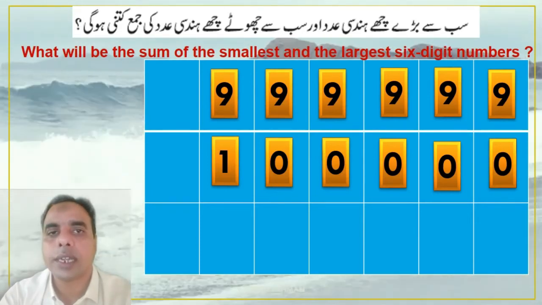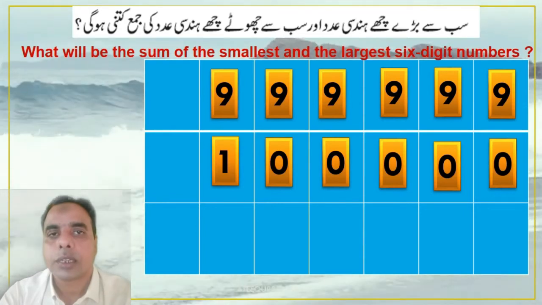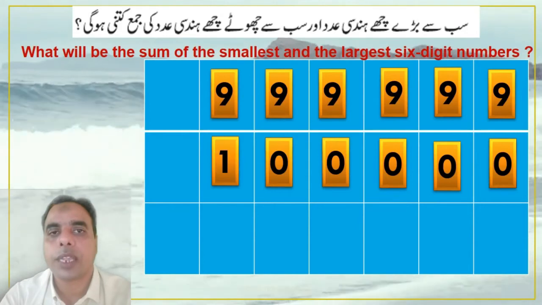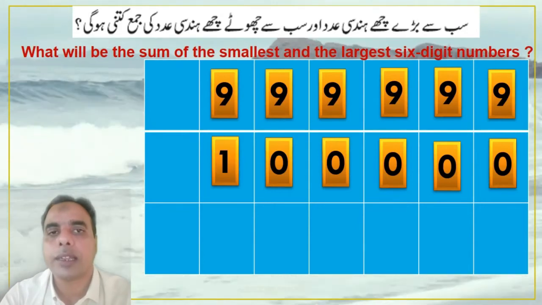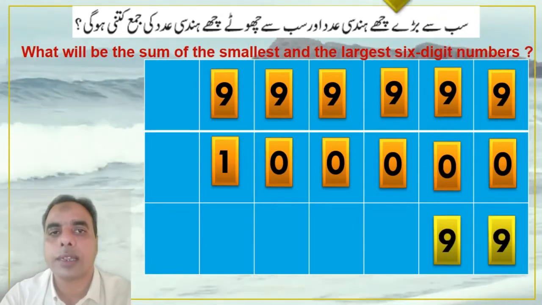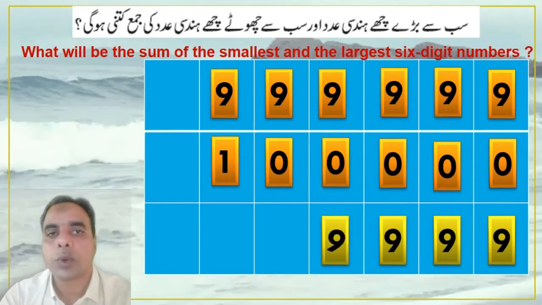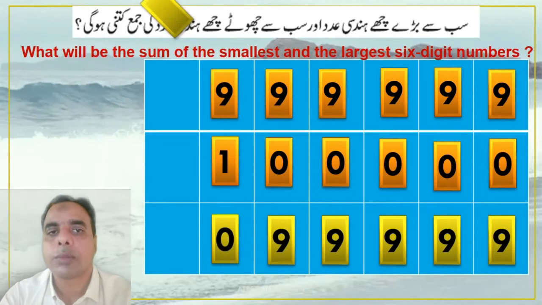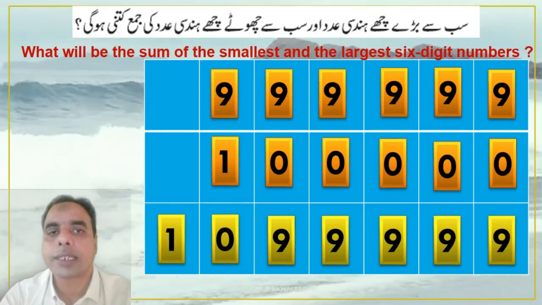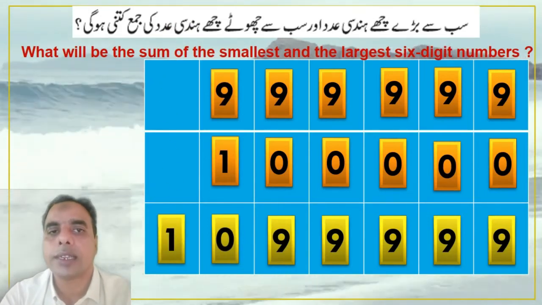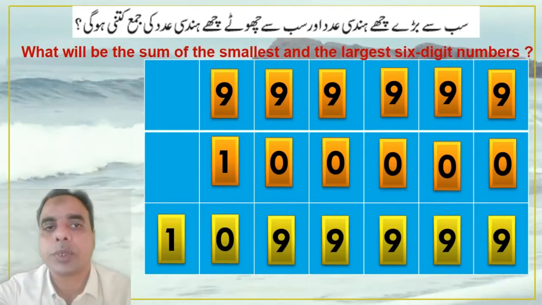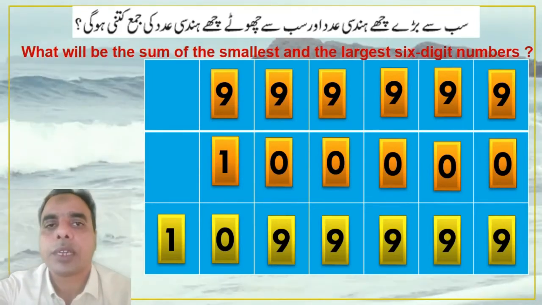The largest 6-digit number is 9,99,999. Okay, the smallest 6-digit number is 1 lakh. Okay, and while we are doing the addition of this, on your screen 9,99,999, and we are supposed to do the addition here of 1 lakh.